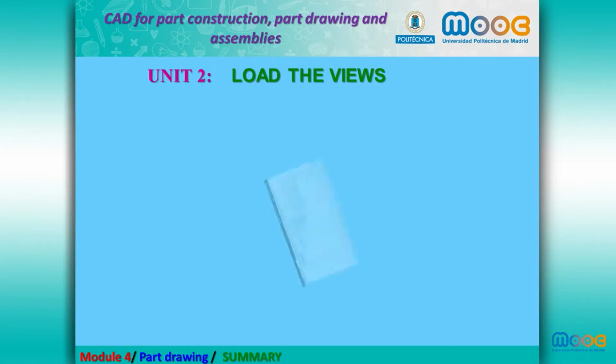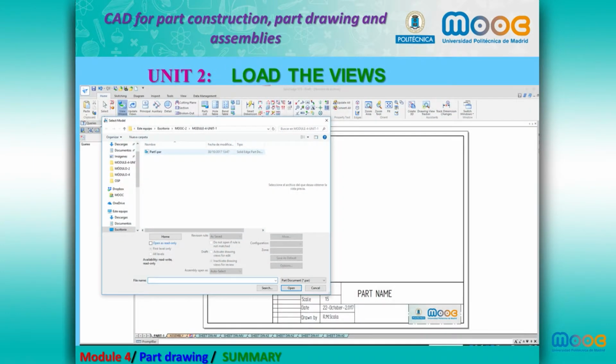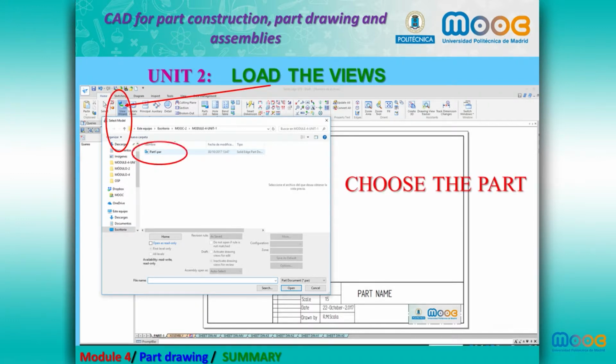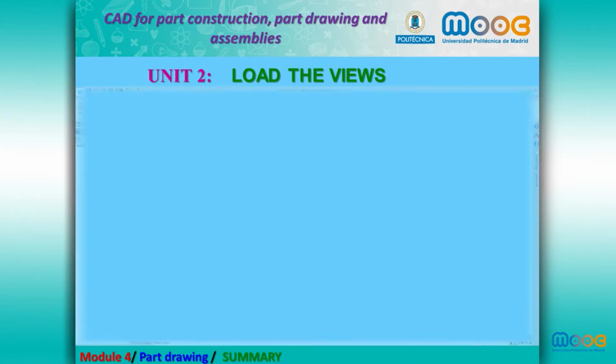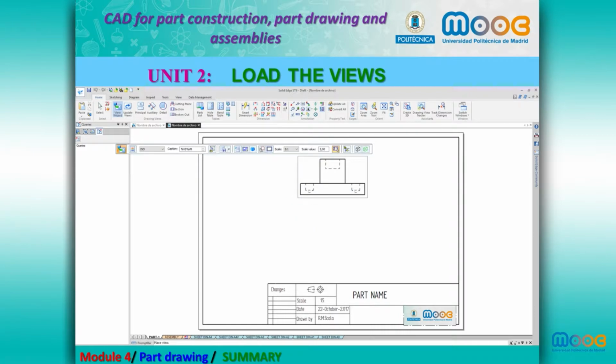In Unit 2, we have loaded the views of the part. You click the command and you must choose the part you want. This is the first view. Remember, you can customize the view to load.